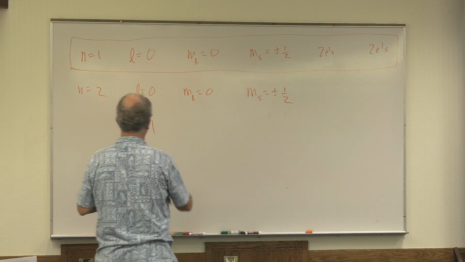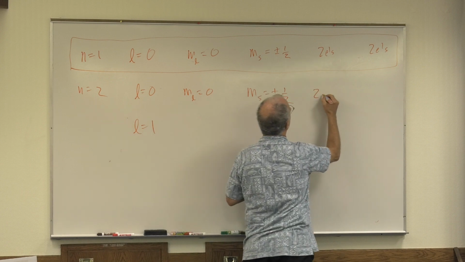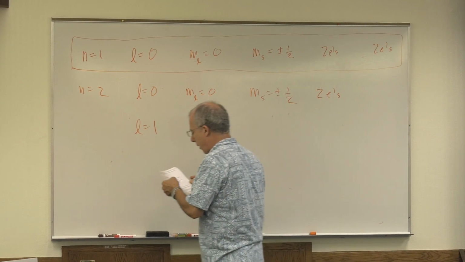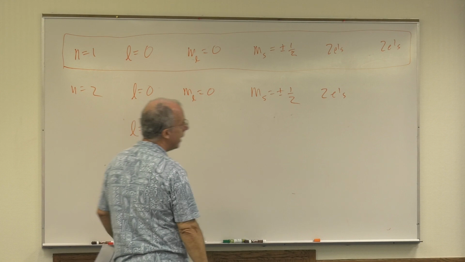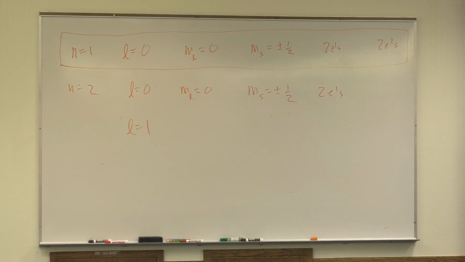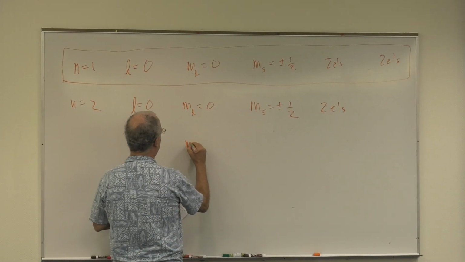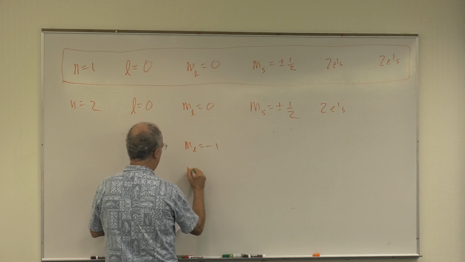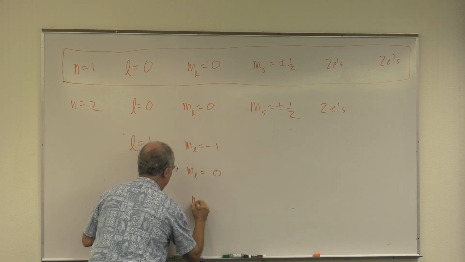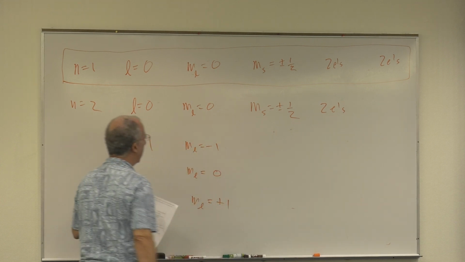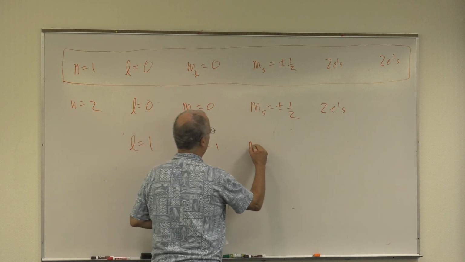So there's 2 electrons there. Now, if L is 1, then we can go minus 1, 0, positive 1. So we have M sub L equals negative 1, 0, and positive 1, and then MS is always plus or minus a half.